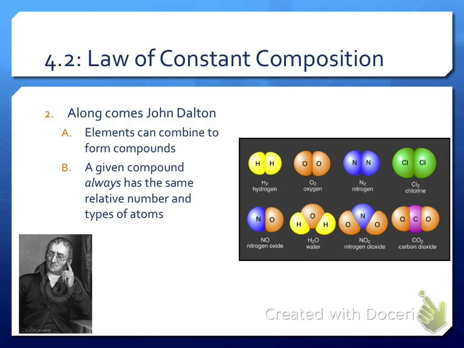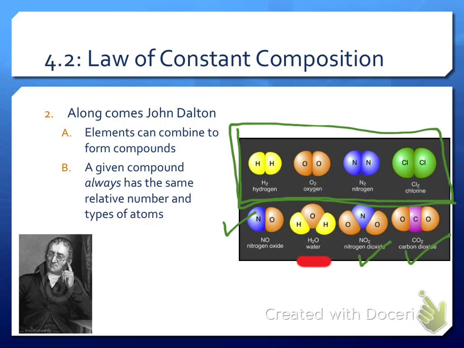And it applies to more than just water. I've got a couple examples here. Here's water in the bottom left of my little image. But other things like nitrogen monoxide, nitrogen dioxide, carbon dioxide, that same thing happens. And even things that combine a little interestingly, and we'll figure this out tomorrow, these things called diatomic molecules, they always combine the same exact way.